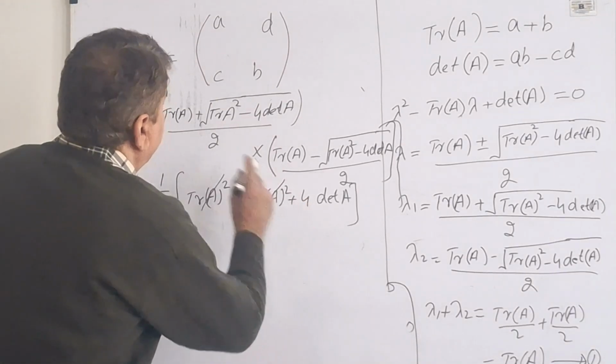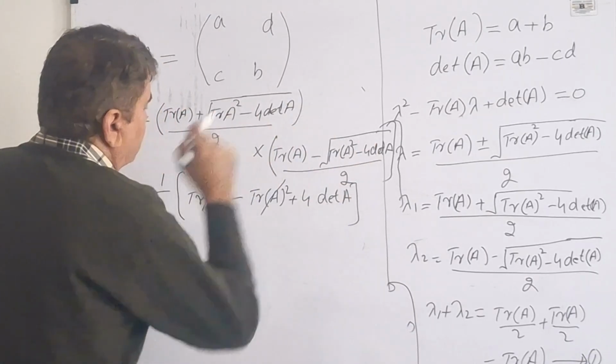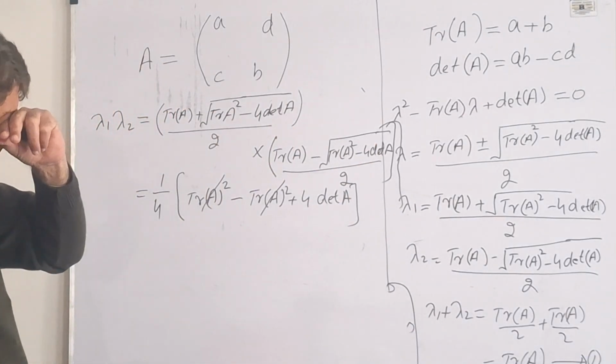This will become plus because A squared minus B squared, so that minus multiplied with this would make it plus.